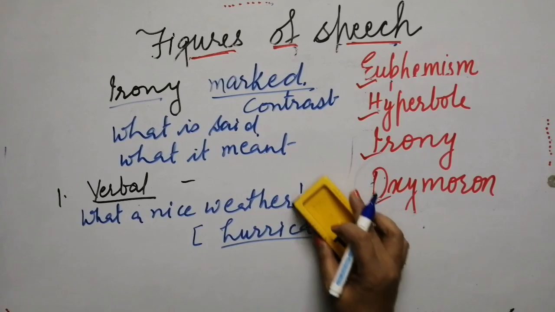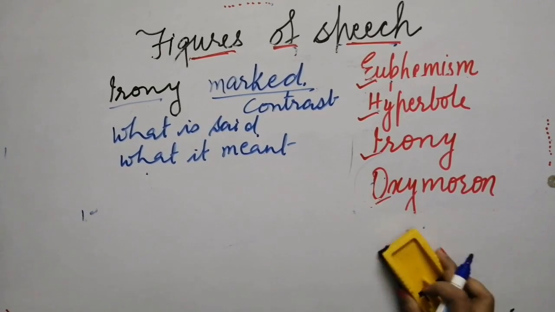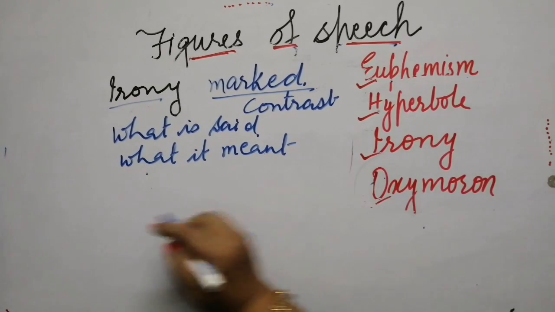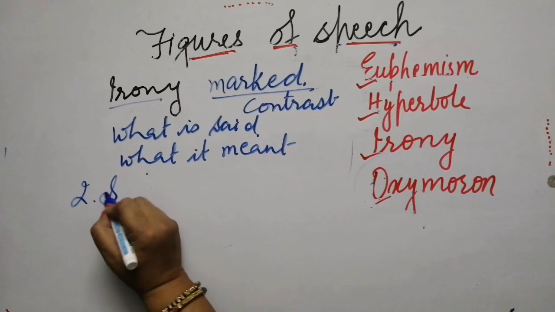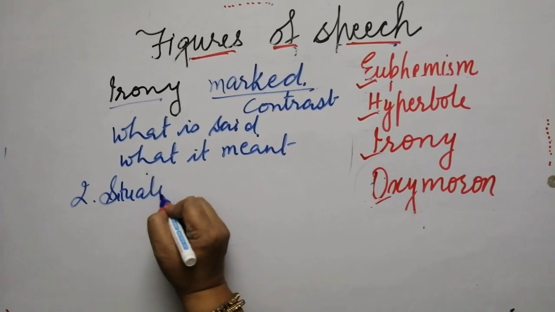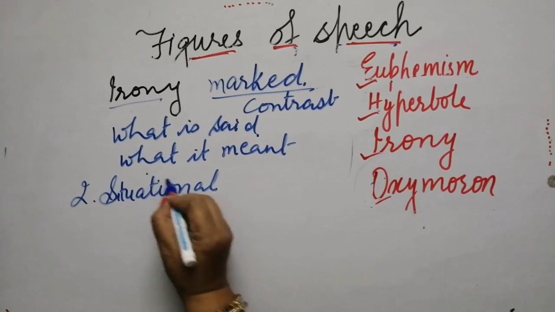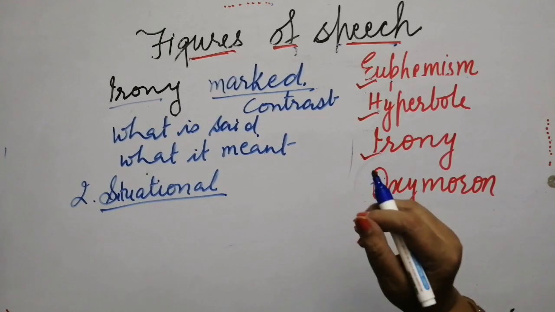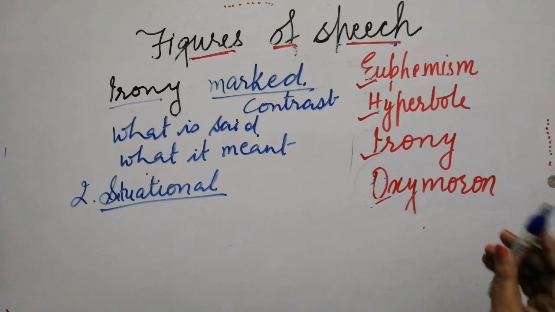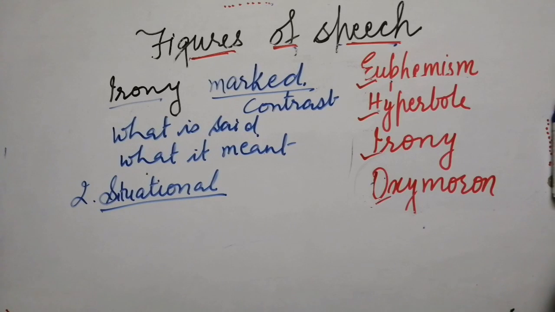Okay, now let's take for the second one. It is situational. Now this situational irony occurs when actually the result of the situation is different from what someone is expecting. Okay, I'll just take very simple example there.